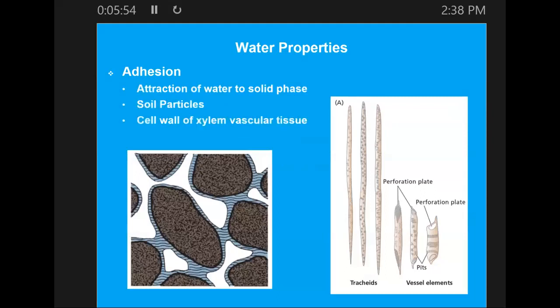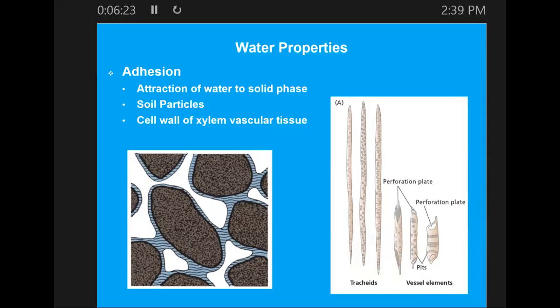Or when it gets into the plant body, water molecules being attracted to the cells of the xylem. Remember, the xylem are the tracheids and the vessels in the angiosperms, and you have water inside those being delivered through the plant body, through that vascular tissue, the xylem.